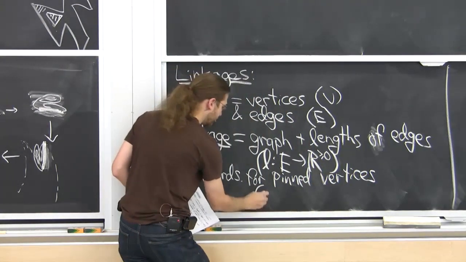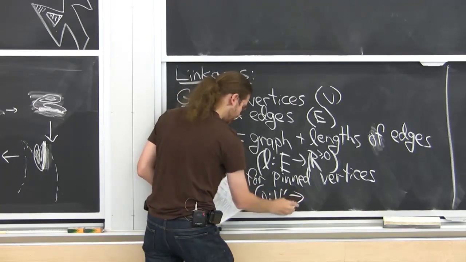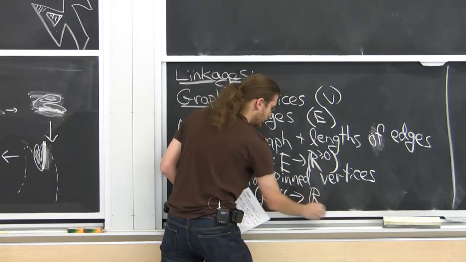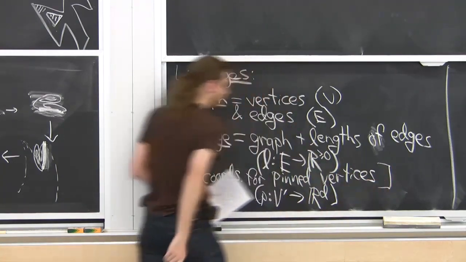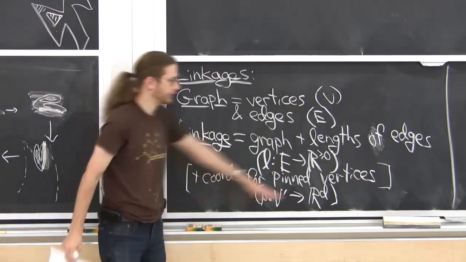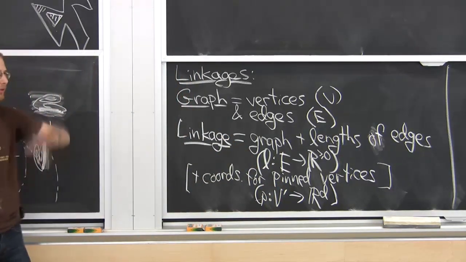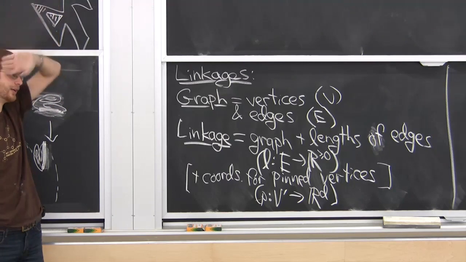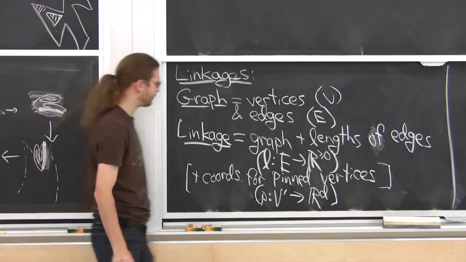And so in math, this would be a function P that maps some subset of the vertices V prime to wherever you happen to live. So here I'm supposing our linkage lives in d dimensions, because we're going to think about linkages in 2D, linkages in 3D, linkages in 4D, and higher. Everything is fair game. We're going to be pretty general.